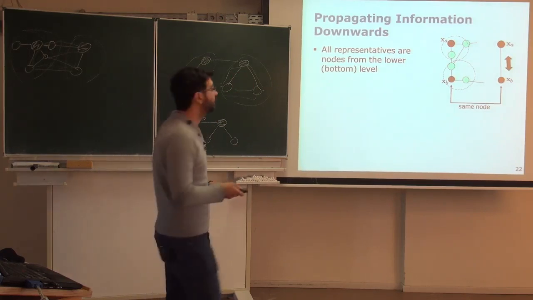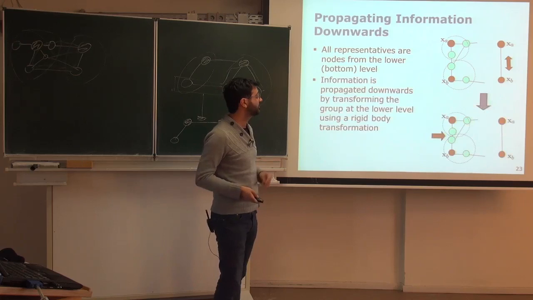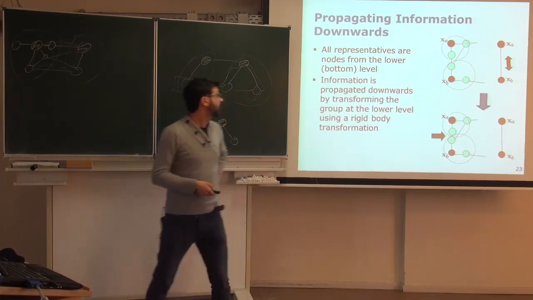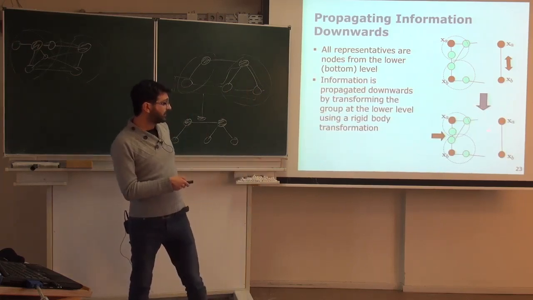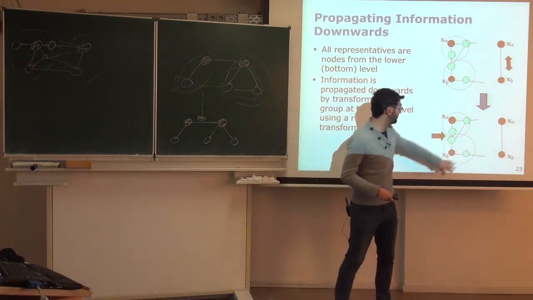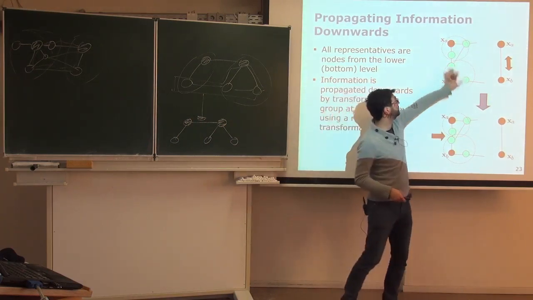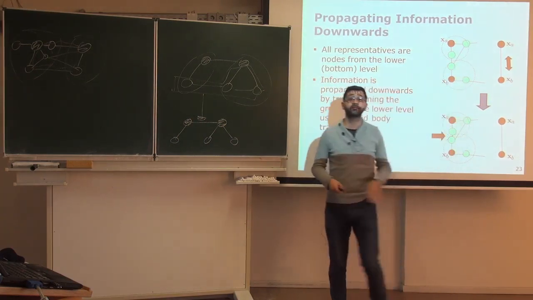All the representatives are in some way nodes from the lower level. So we just propagate the information down using a rigid body transformation. We remember the measurement before, and we just apply the same one down.